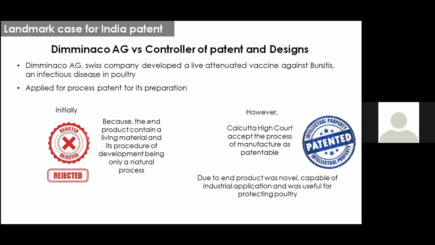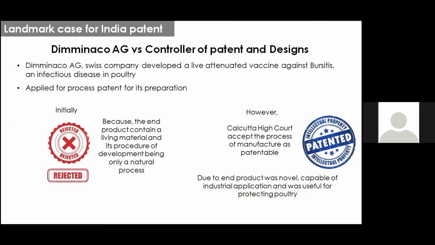Initially, the claim was rejected because, according to the Indian Patent Act, the end product should not be living material. It can be any material, but not living material. And also its procedure of development being only a natural process.